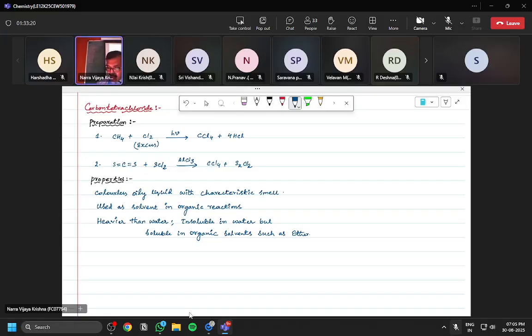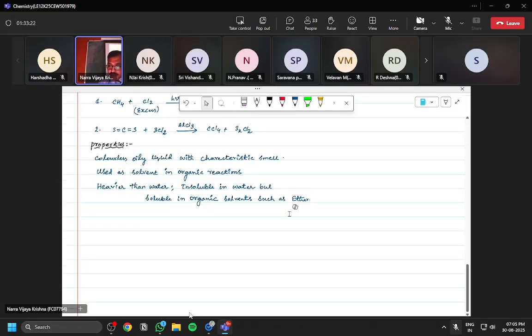Next, chemical properties. CCl4 on partial reduction in the presence of iron. I'm adding two hydrogens. One H is added here, another H will take chlorine. So the product will be CHCl3, or plus HCl, chloroform. Next.